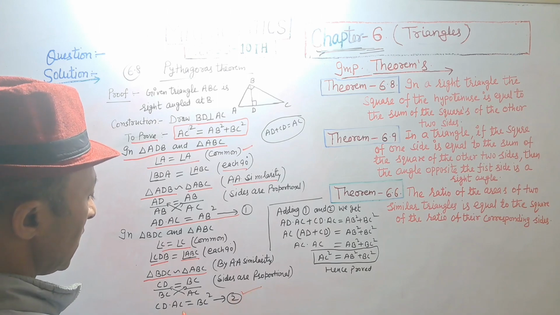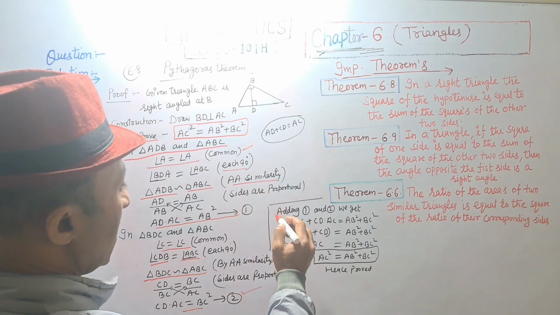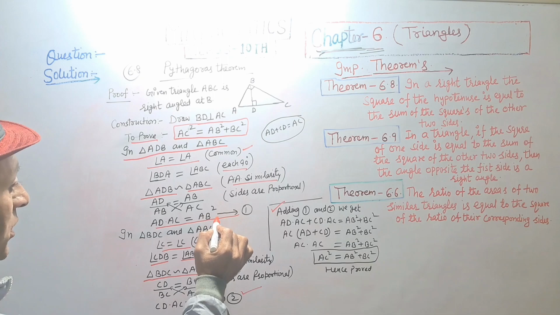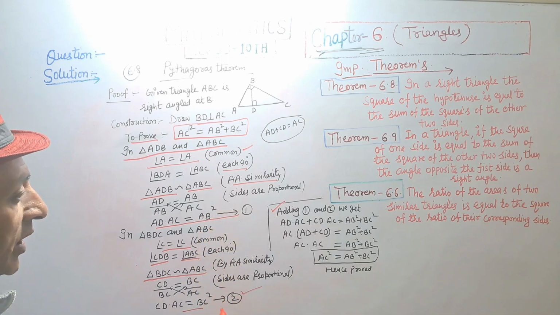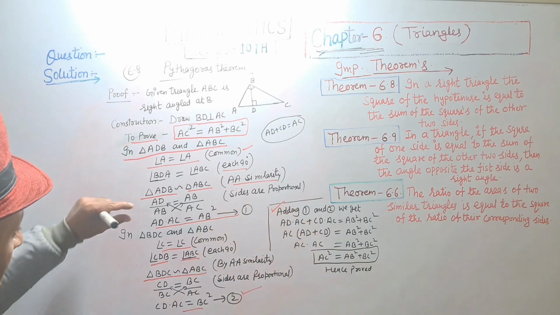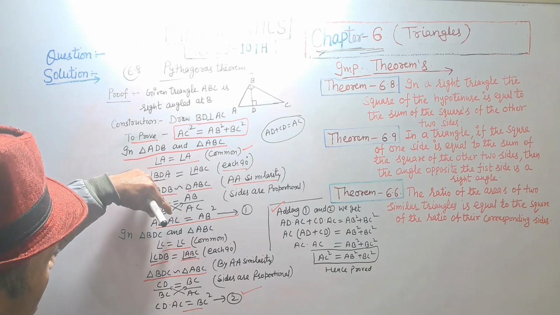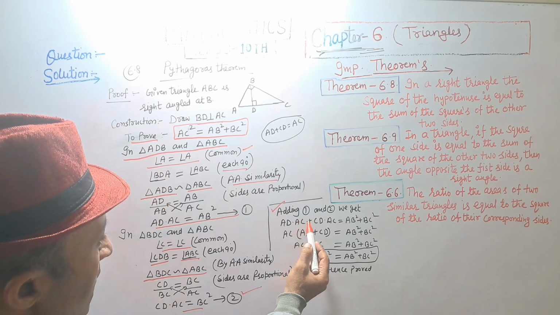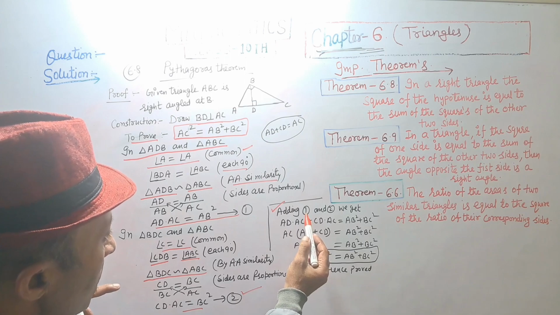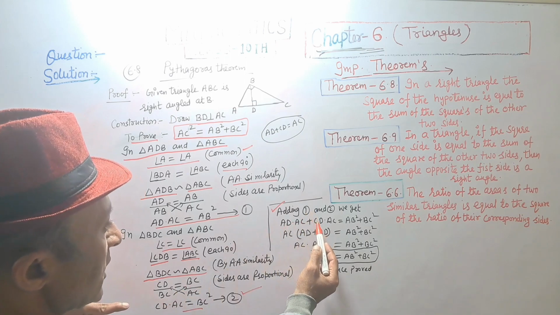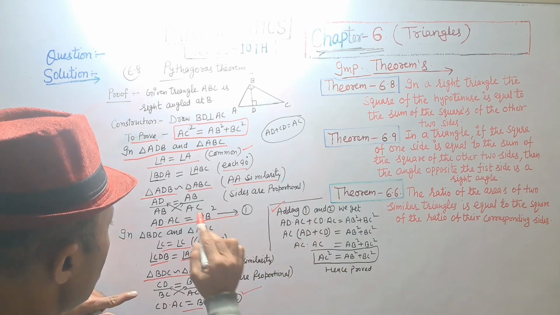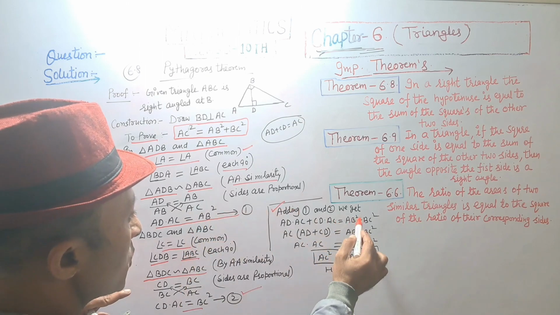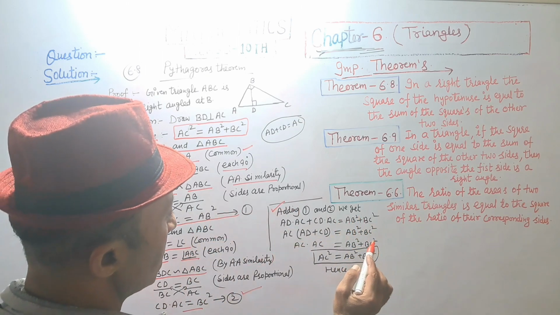It's equation number second. Adding equations first and second, we get AD into AC plus CD into AC is equal to AB square plus BC square.